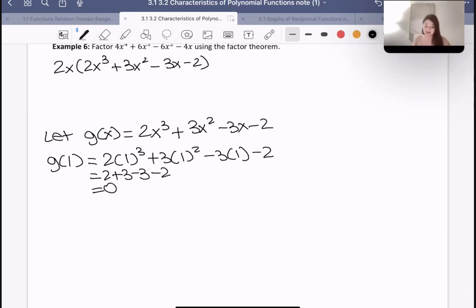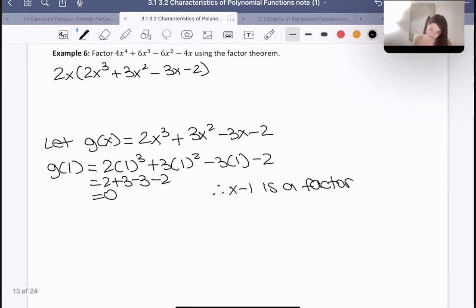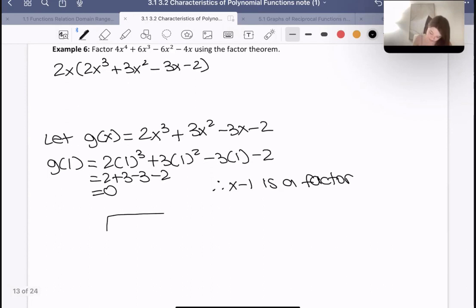So what does that mean? Therefore, x minus 1 is a factor. Okay, that's our conclusion based on that factor theorem we learned earlier. So now what do we do next? Well, we're going to actually do the long division here. X minus 1, and then 2x cubed plus 3x squared minus 3x minus 2.